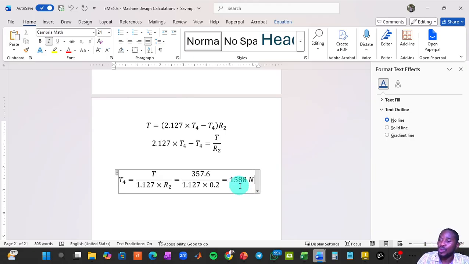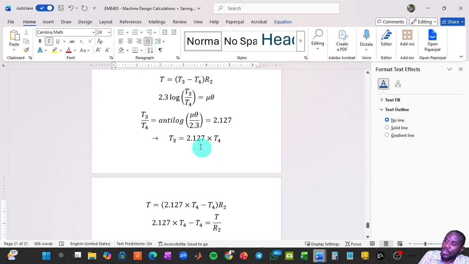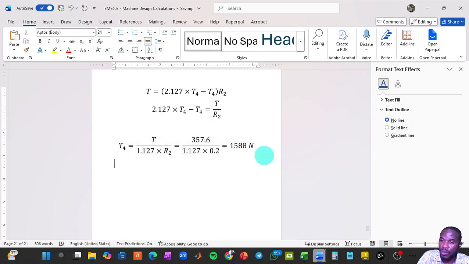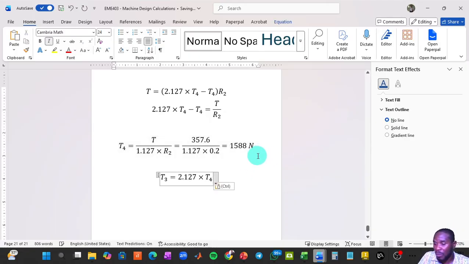Okay, so now that we know what our T4 is, we can find our T3 using this equation right here. T3 is 2.127 times this value, which is 1588. This gives us an approximate value of 3376 newtons.